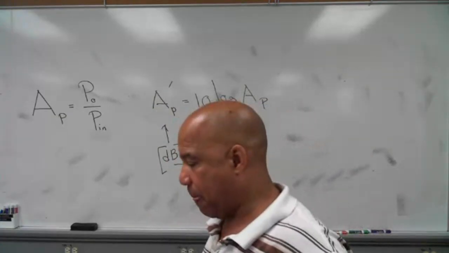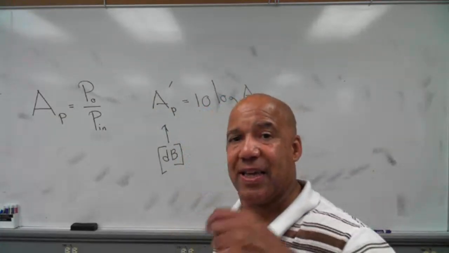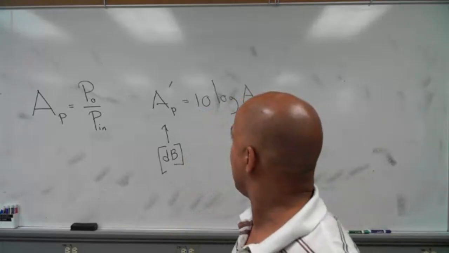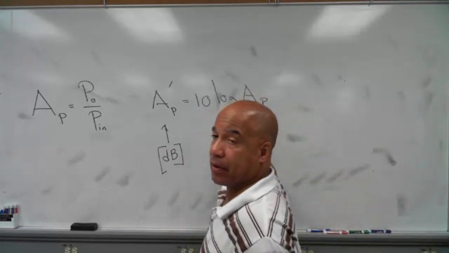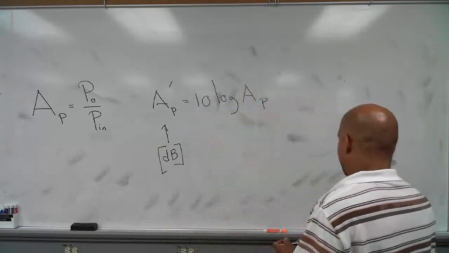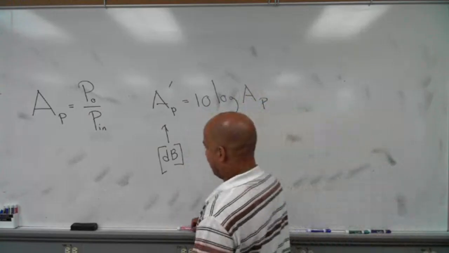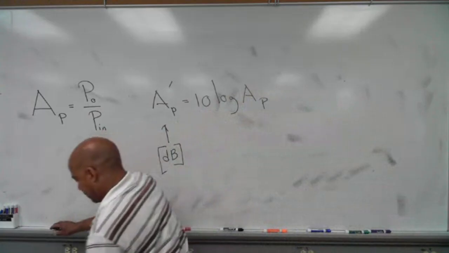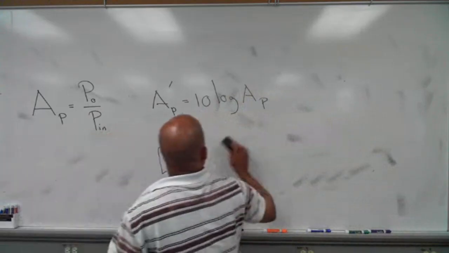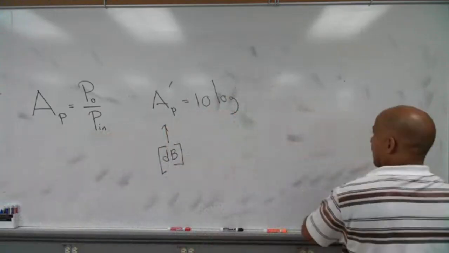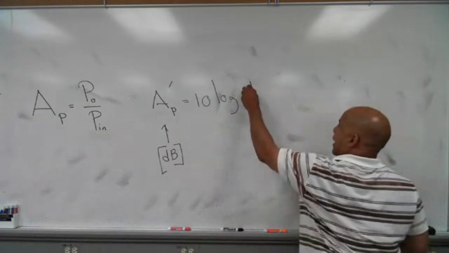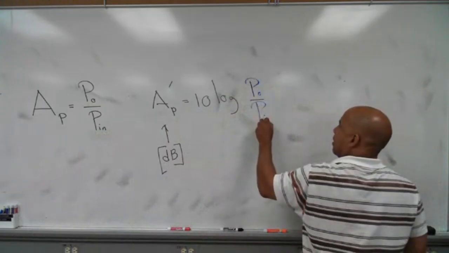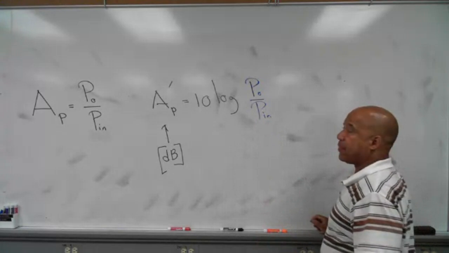That to go from a regular gain to a dB gain, if it's power, it's going to be 10 log the regular gain. Now remember what the regular gain is. It's really, if I erase this, really just P out over P in, like that.